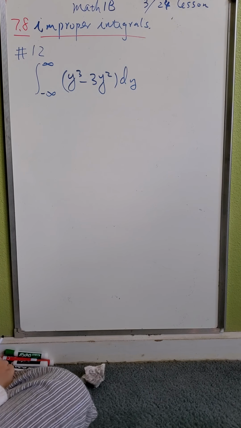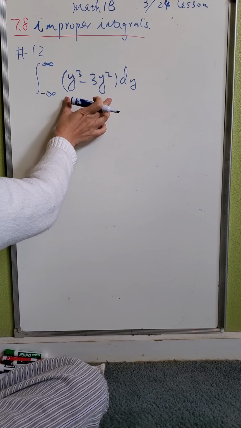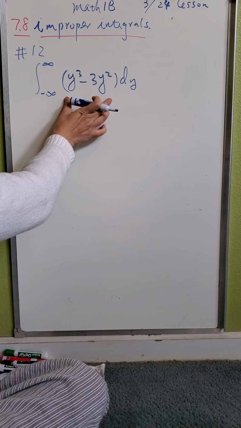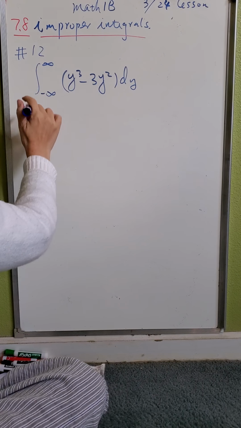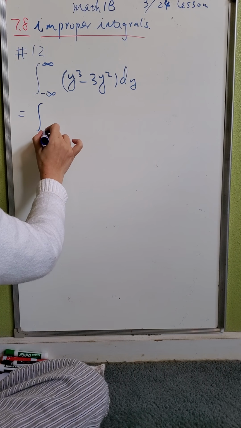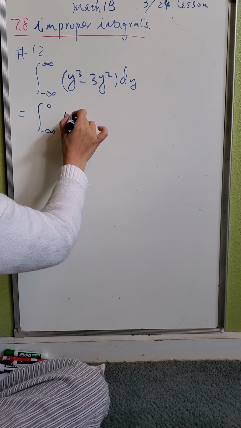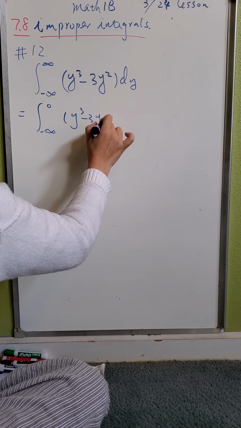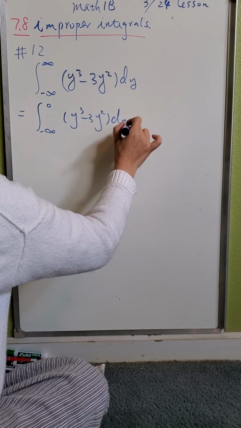This one we're going to break because this is a polynomial function, from negative infinity to positive infinity. So we're going to break this into two parts. We use 0 as the breaking point.